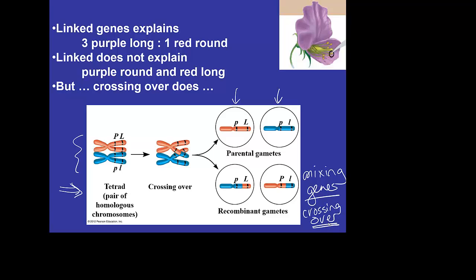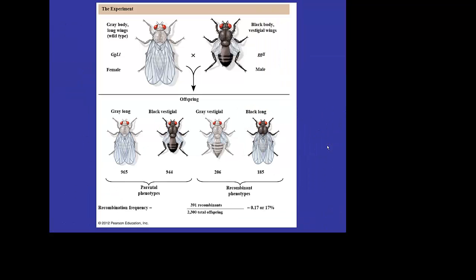Why is this important? Well, it means that these linked genes are not actually inherited together all of the time. It means that we get increased variation in our offspring. This is a very good thing. Because when we start actually looking at organisms instead of just flowers, if we look at animals, we can look at different body types.